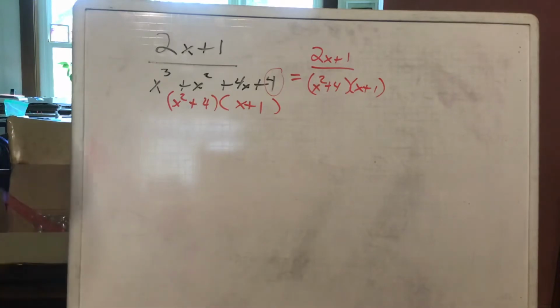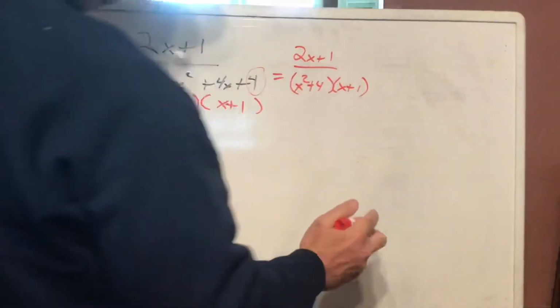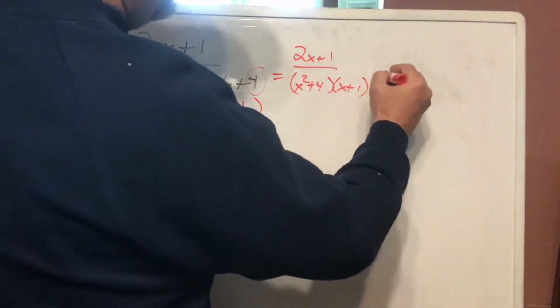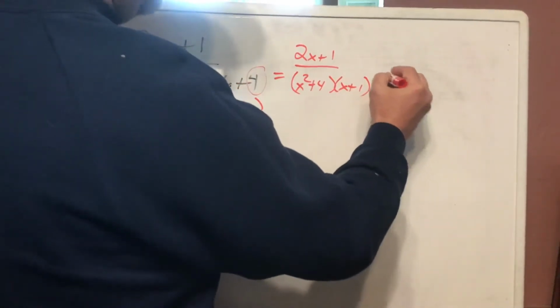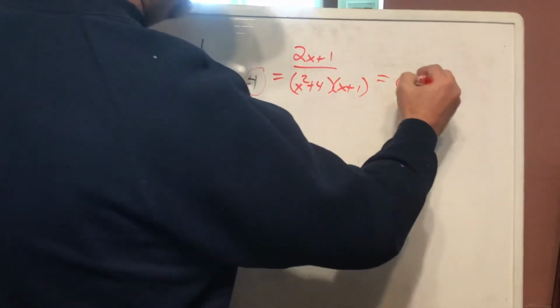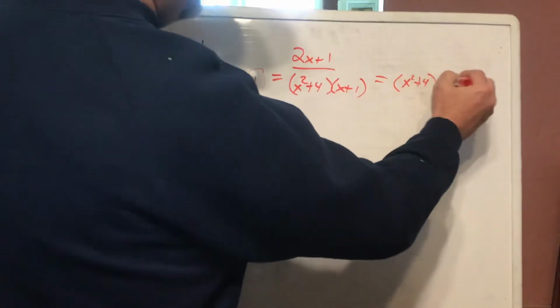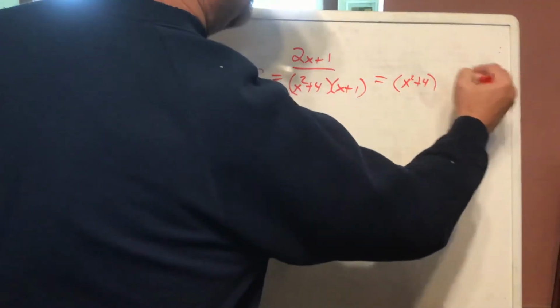Now what happens? Well, that I can see has the same characteristics as before. This came from two things that were fractions that were added together. And so I'm going to say, well, the denominators on these fractions, one of them will be x squared plus 4, and the other one will be x plus 1.